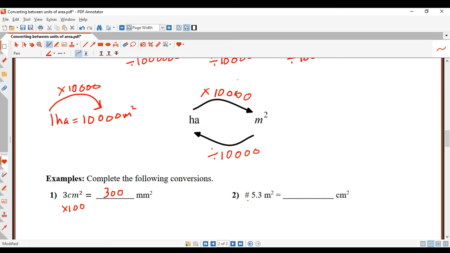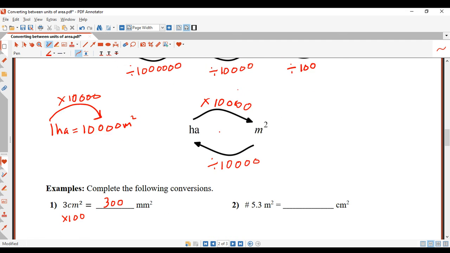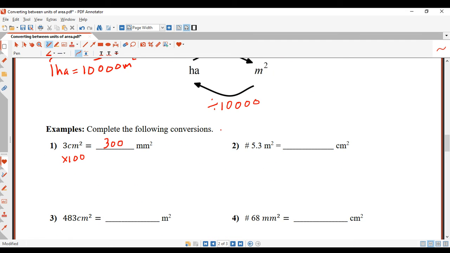Now, the hashtag questions I want you to do by yourself. So I want you to pause the video and have a go at the hashtag questions. So this is metre squared to centimetre squared. So here we go, metre squared to 7 centimetres squared. So it's times by 10,000. So pause the video and have a go.